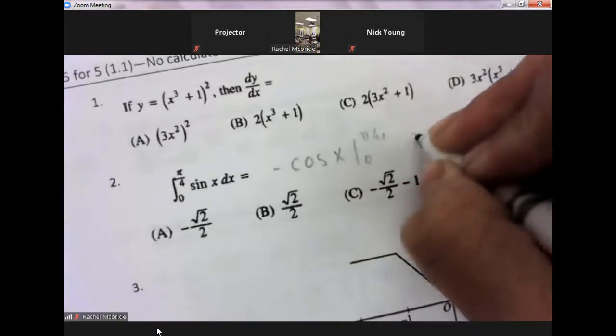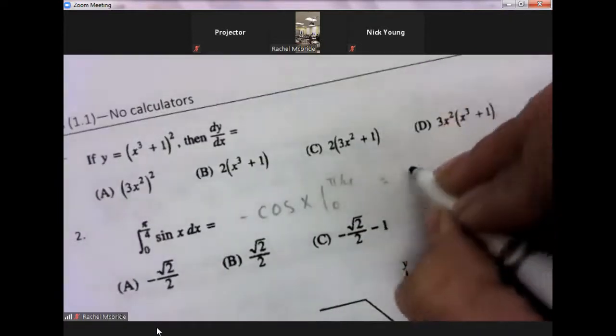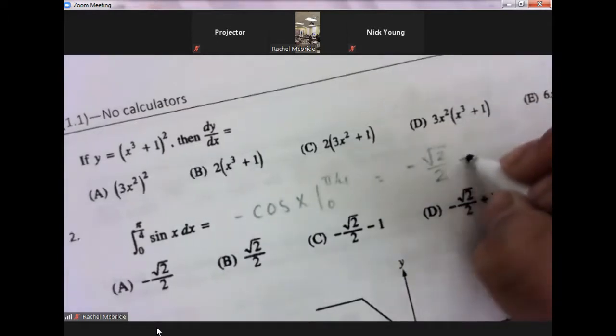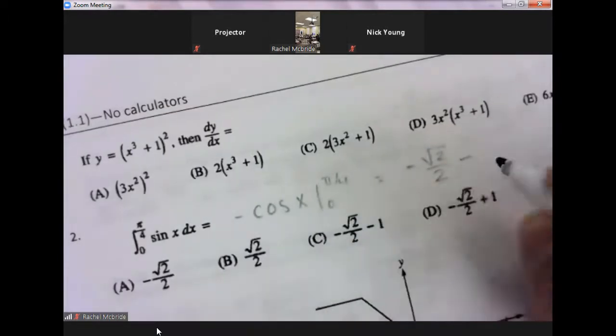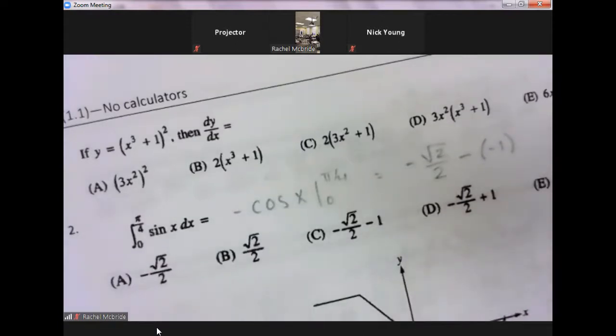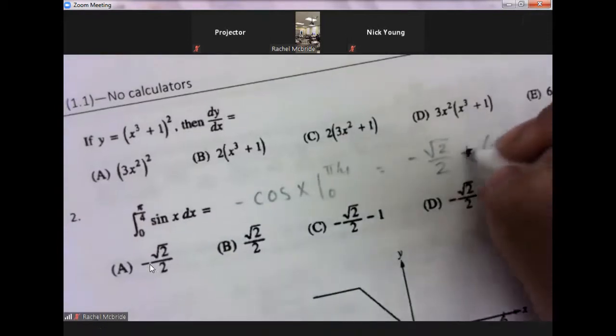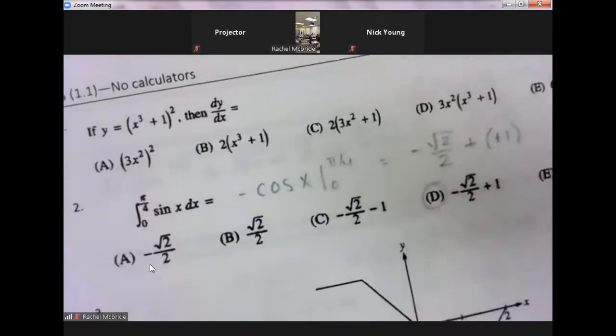That would be negative square root of 2 over 2 minus a negative cosine of 0, which is a negative 1. So you get negative root 2 over 2 minus a minus 1, which turns to a positive, which gave me answer choice D.